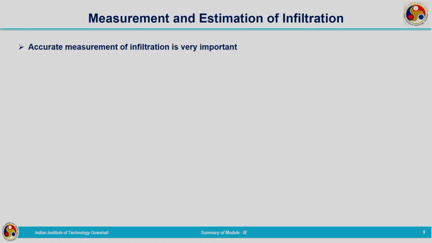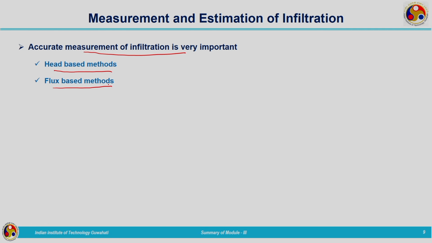After that, we have moved on to the measurement of infiltration. Measurement of infiltration is also very important because it is an important factor when we talk about losses from rainfall. That is, we have seen two different approaches for measurement of infiltration. One was the head based approach and the second one was the flux based approach.